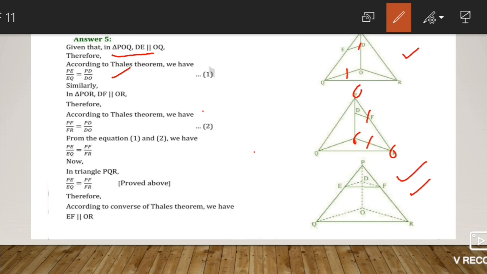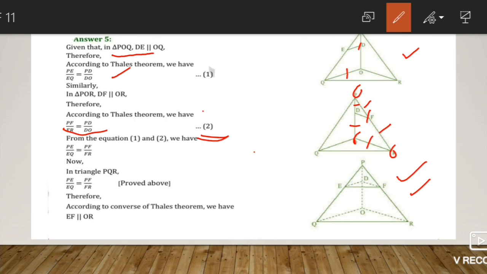This is also given in the condition. So you can say that PD by DO is equals to PF by FR, which is given as equation number 2.